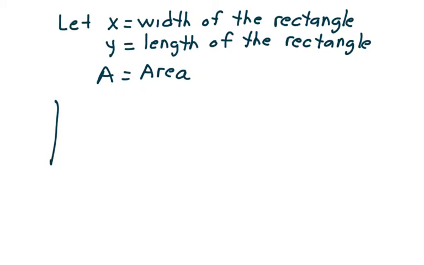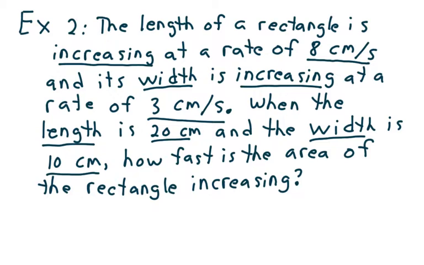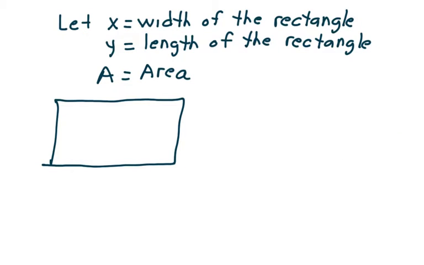And so we have a rectangle. Again, the length is 20 centimeters, but we're going to call that y for the moment, and this is x. So again, we're trying to find the rate of change when x and y take on specific values.